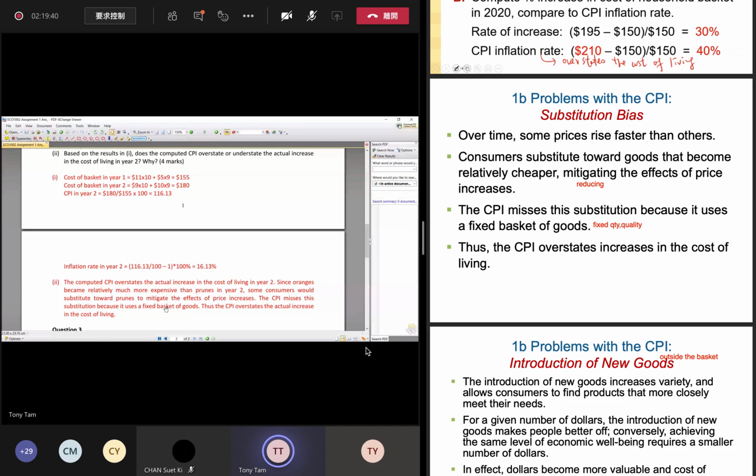You just write down that since the price of orange becomes relatively more expensive, the buyer, the consumer, will buy more plum and less orange. You will score another 1. Yeah, that will be 2 marks here.